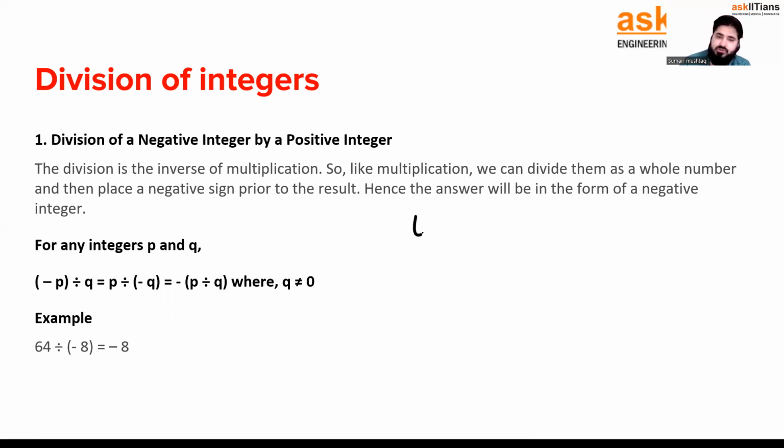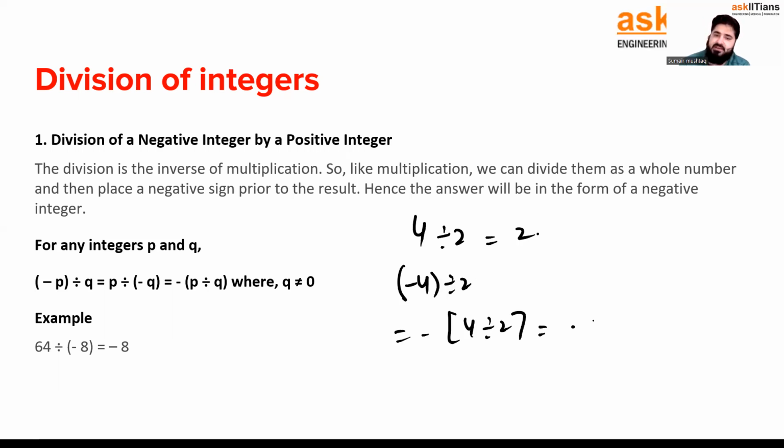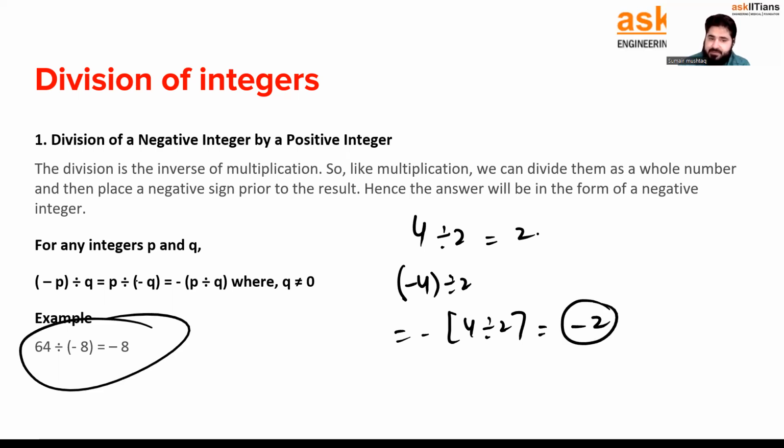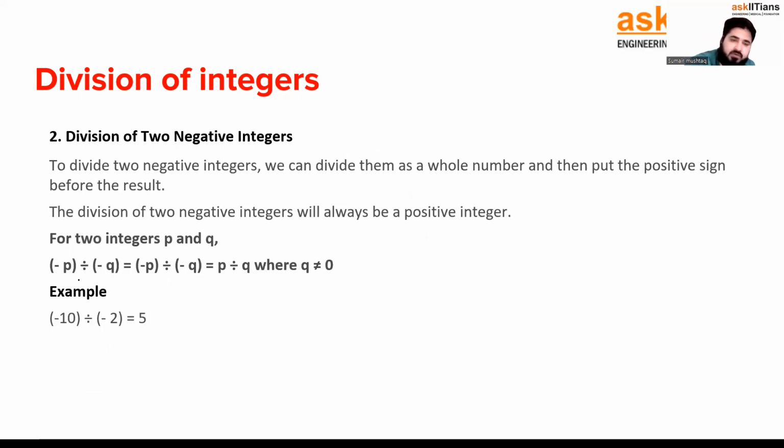Suppose you need to divide 4 divided by 2, this is 2. If I have a negative sign as well, let us suppose you have -4 divided by 2. This can be written as -(4 divided by 2), that is again equal to -2. Same as the property of multiplication, we take the negative outside.